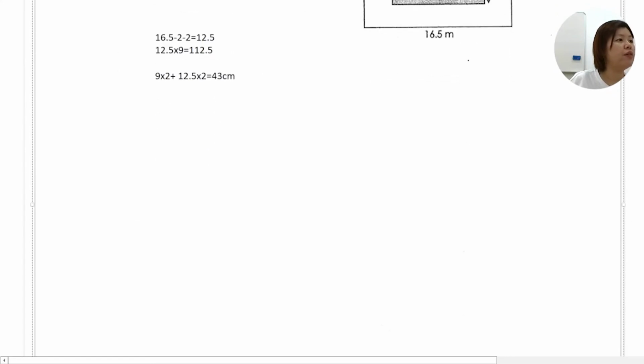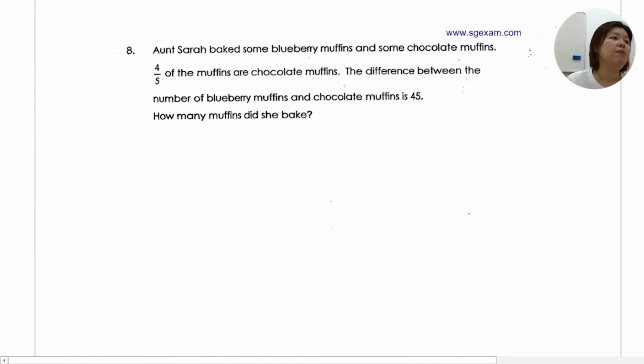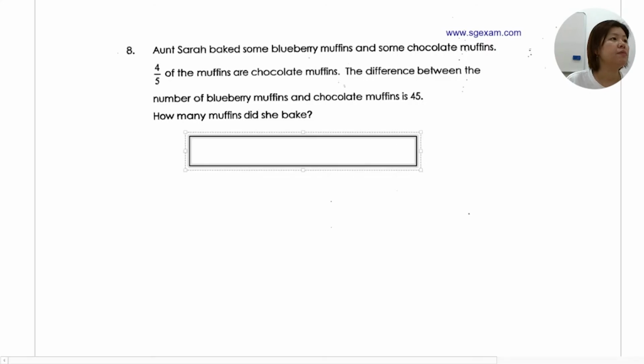So let's move on to the next one. Aunt Sarah baked some blueberry muffins and some chocolate muffins. 4/5 of the muffins are chocolate. So we can actually draw a model, which is 4 units were chocolates and 1 unit were blueberry. Just nice 5.